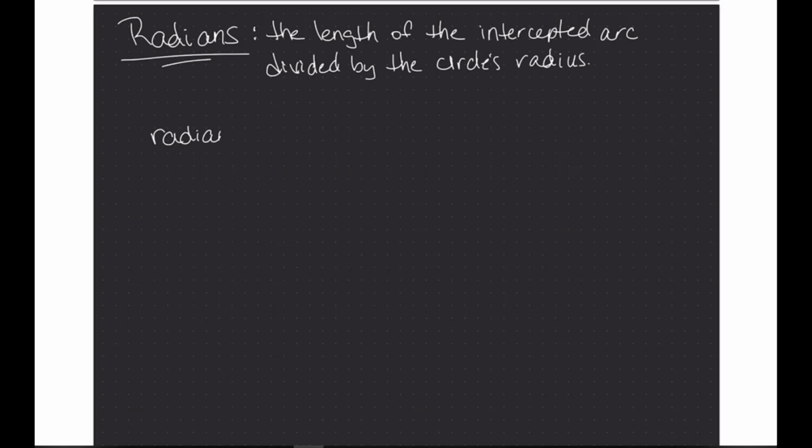So if we want to write that mathematically, a radian is the length of the arc divided by the radius.